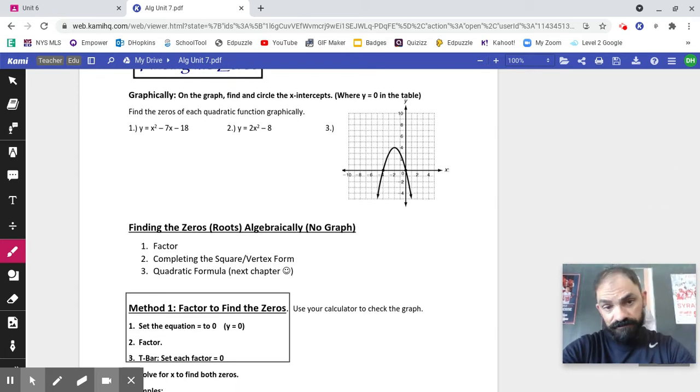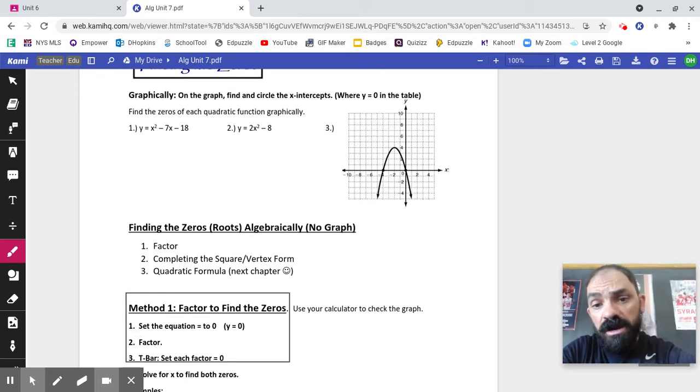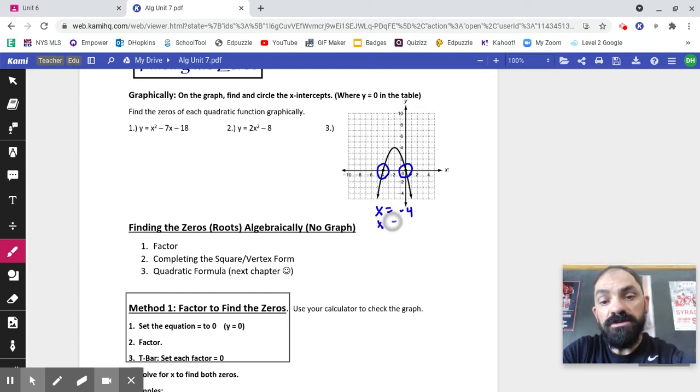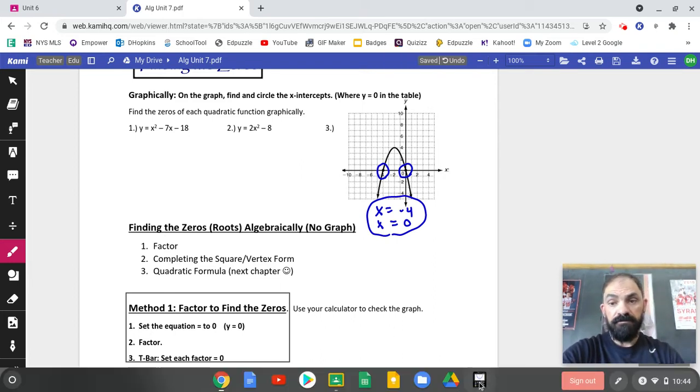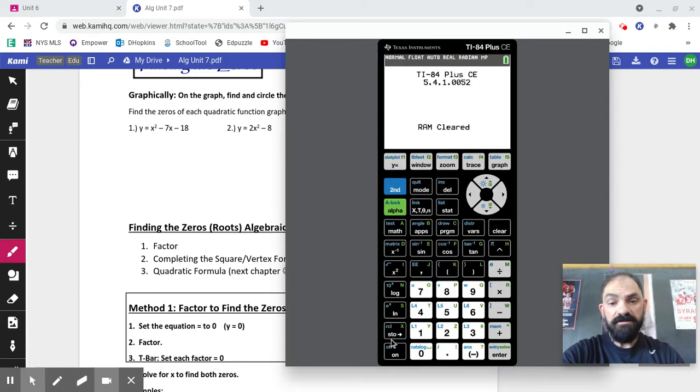It's already there. Well, the zeros are here and here. So that's when x equals negative 4 and when x equals 0. That's my answer. Now these other two, let's use our calculator. Turn our calculator on.